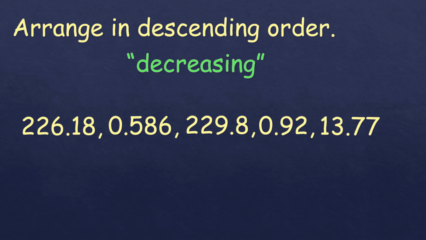So it's either the 226.18 or 229.8 because they have the biggest place value from the leftmost, which is the hundreds place. They both have 2, and also the tens place, they both have 2, but in ones place it's 9 and 6, so the one with the 9 has a bigger value, so it's going to be 229.8.